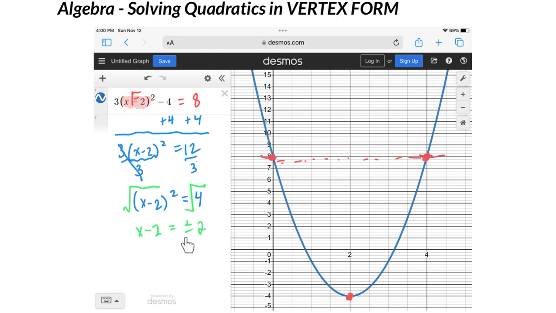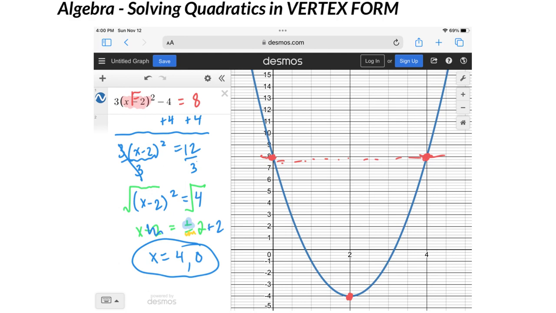We have to recognize that both positive and negative 2, when inside these parentheses, will work. Now, I would just add the 2 like this, and then I would write 2 things down. The first thing I would do is say, well, a positive 2 plus 2 is 4. And then I would do a negative 2 plus 2. Negative 2 plus 2 is 0. And there are my 2 answers.